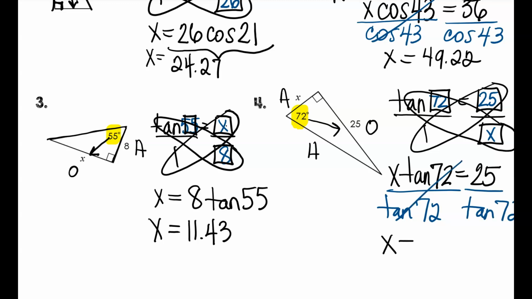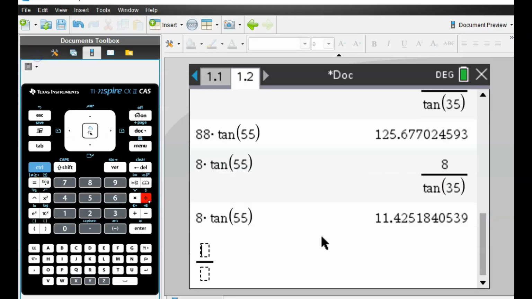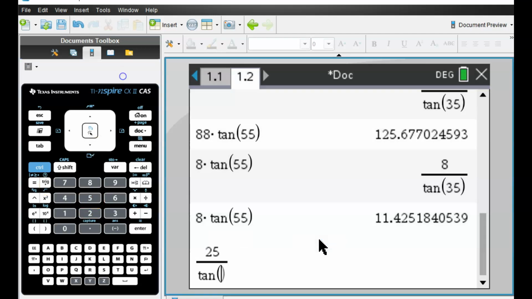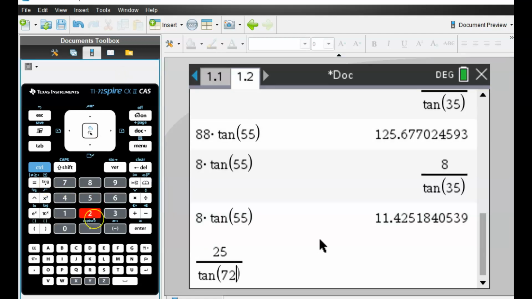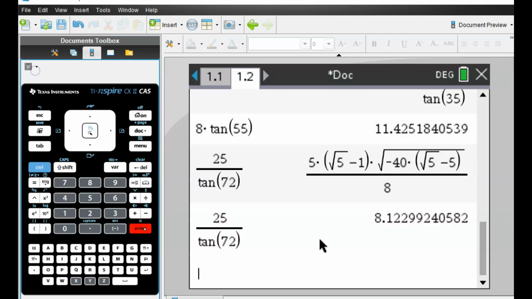So x is going to be equal to 25 over the tangent of 72. That's the exact answer; this is the rounded answer. So 25 over tangent 72 is 8.12.